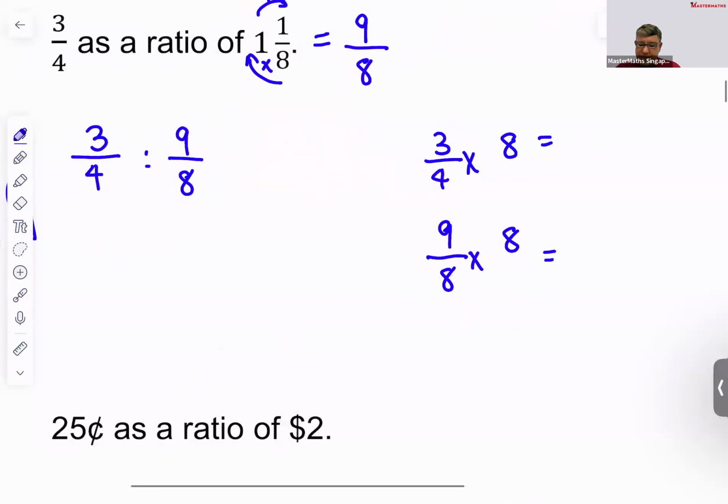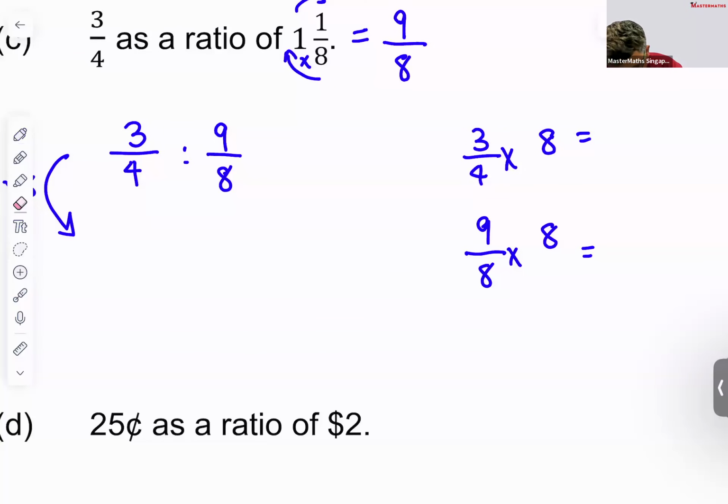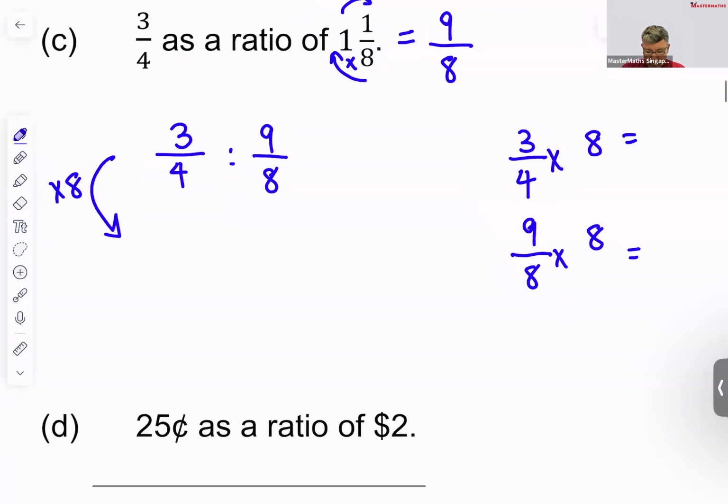Show me your working. This one is very simple, right? Just cancel 1. Cancel. So the answer is 9. This one I know this is 9. But what is this? 3/4 times 8.